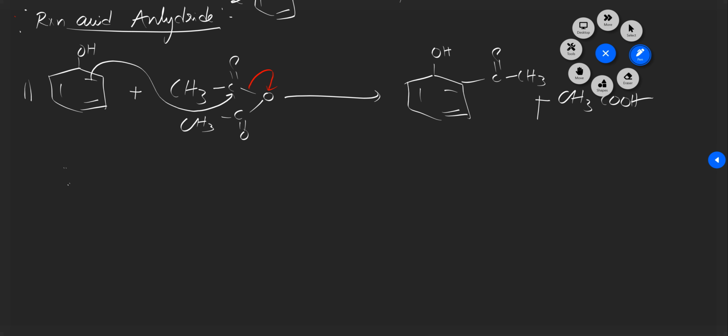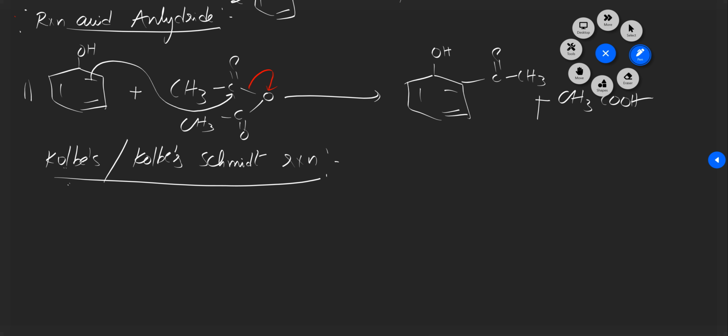Next one is the Kolbe-Schmidt reaction. The Kolbe-Schmidt reaction means introducing one carboxylic acid group on the benzene or phenyl group. It takes place in the presence of CO2 at low temperature, and the pressure is 4 to 7 atm.